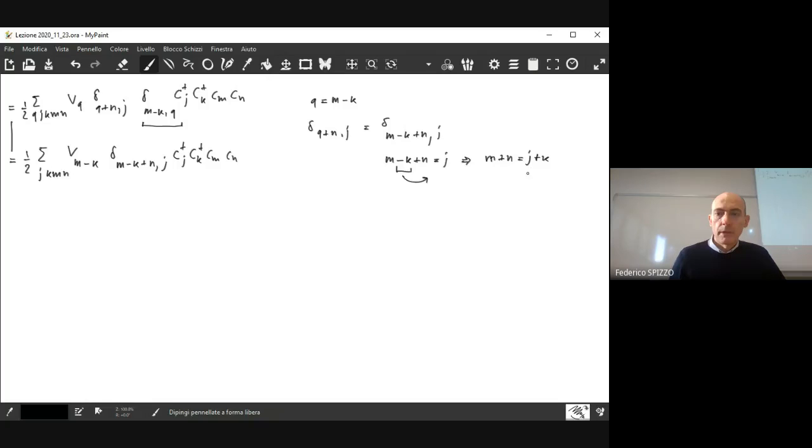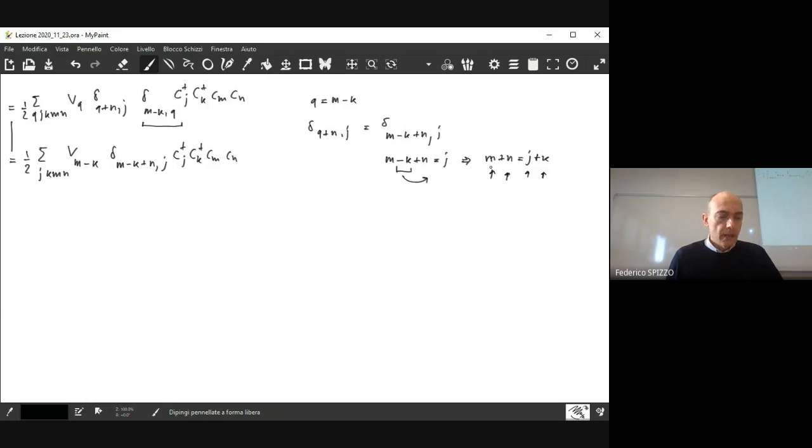If you remember, j and k are the two indexes of summation that correspond to the destruction operators, and m plus n are the indexes of summation that correspond to the, sorry, the first two correspond to the creation operators, the last two correspond to the destruction operators.